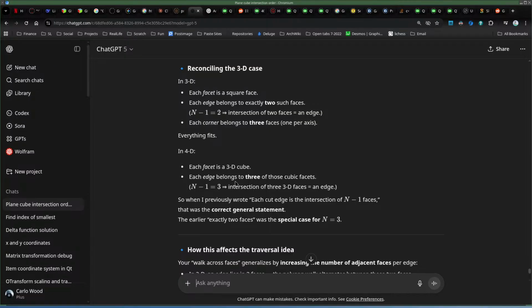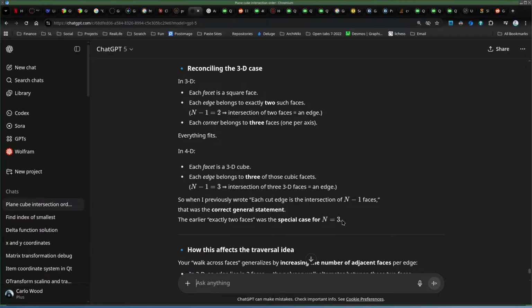Each edge belongs to 3 of those cubic facets. n-1 is 3. Intersection of 3 3D faces is an edge. So when I previously wrote each cut edge is the intersection of n-1 faces, that was the correct general statement. The earlier exactly 2 faces was the special case for n is 3.